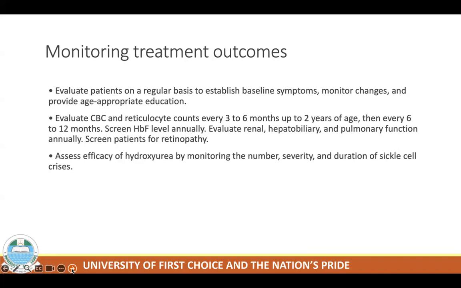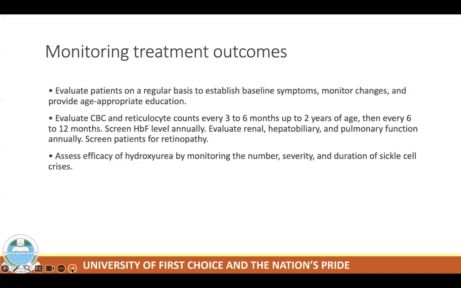Screen fetal hemoglobin level annually to help drive how you are adjusting their dose of hydroxyurea, okay? Because that's the mainstay of treatment. Of course, in Nigeria, I forgot to add this.